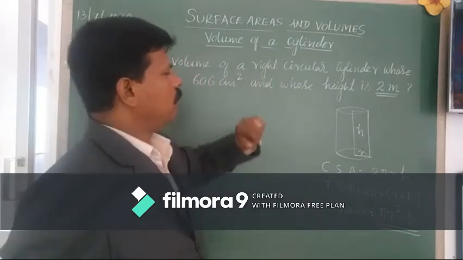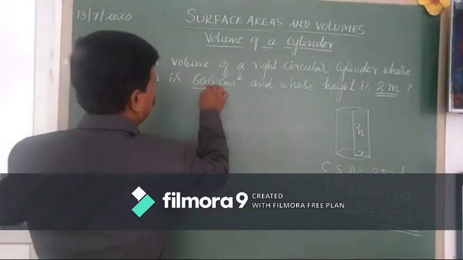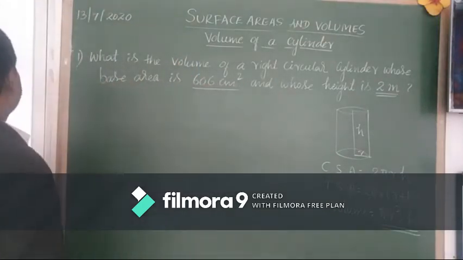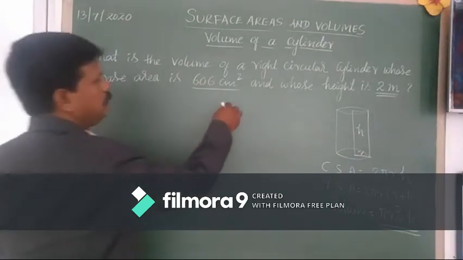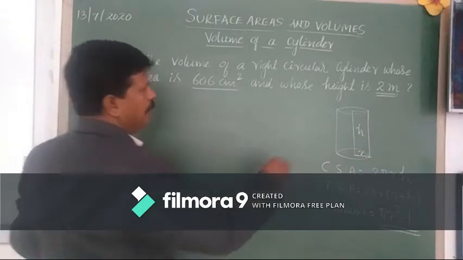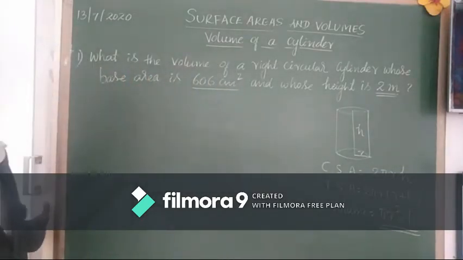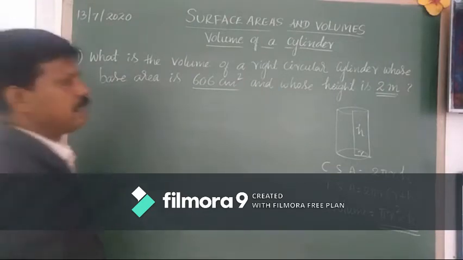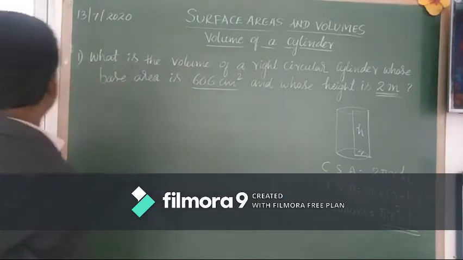Now here the question is, they have given the base area in square centimeter, and they have given the height of the cylinder. Look at the unit. Here the height is given in meters.